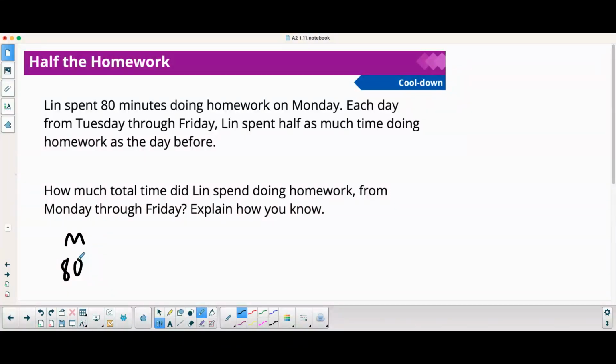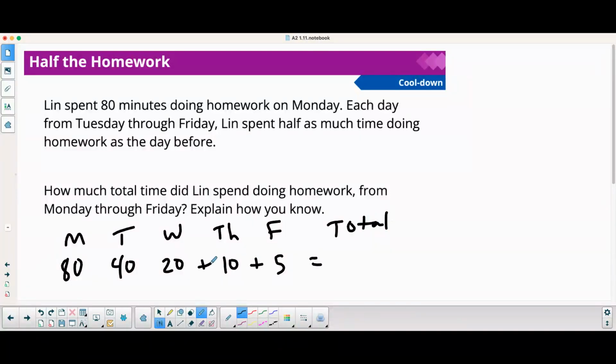Each day from Tuesday through Friday, Lynn spent half as much. So Tuesday would be 40, Wednesday would be 20, Thursday would be 10, Friday would be 5 minutes. But we want to know the total, so we're going to have to add them all up. So what does that give me? That's 155 total minutes.